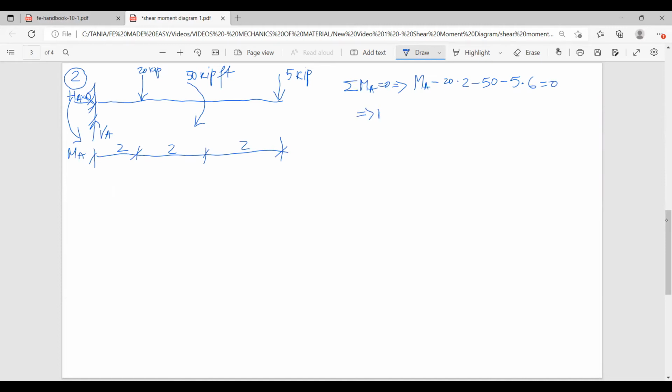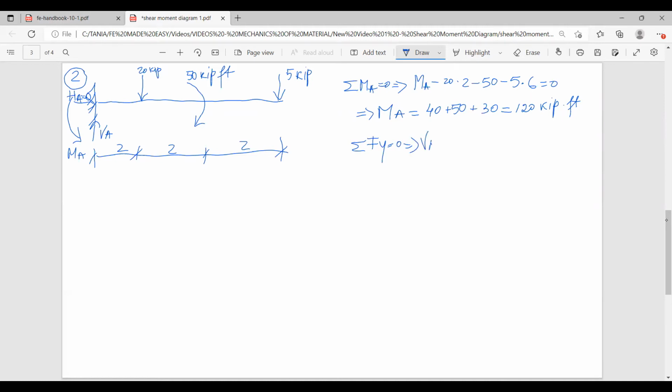From here, MA equals to 40 plus 50 plus 30, and it results that MA equals to 120 kip-foot. All right, and now for the reaction, we're going to do sum of forces in the y direction equals 0.